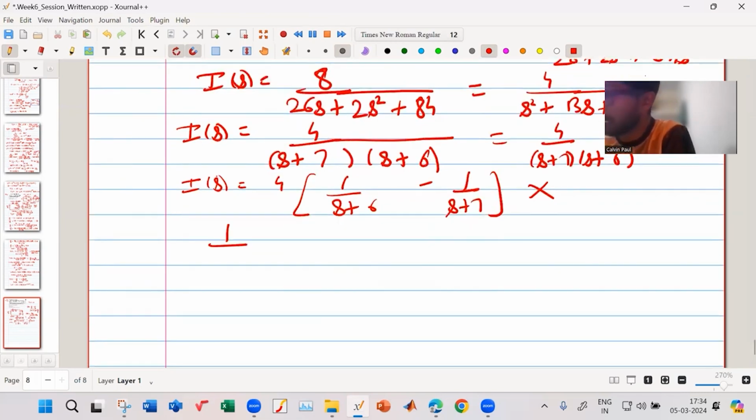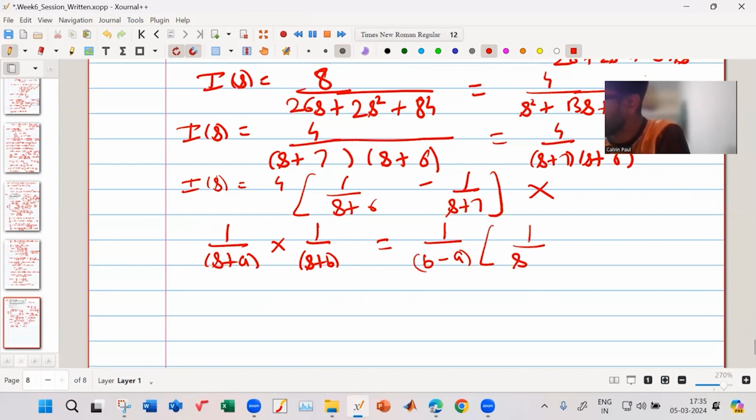If I have 1 upon S plus A into 1 upon S plus B, it actually will be equal to 1 upon B minus A, whichever is bigger, into 1 upon S plus A minus 1 upon S plus B. Suppose B is greater than A.